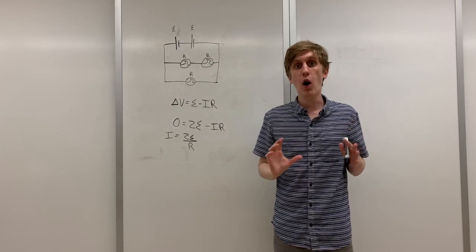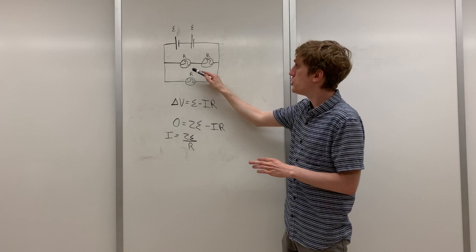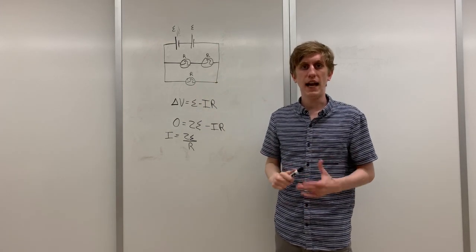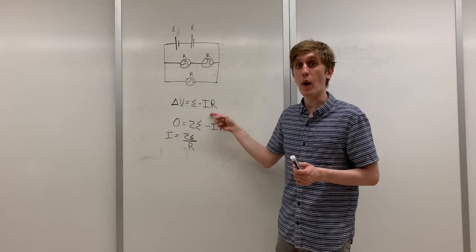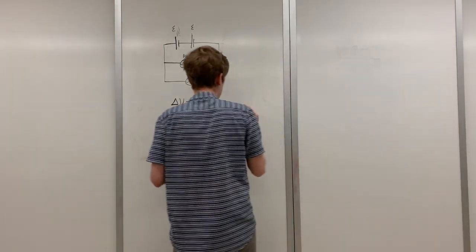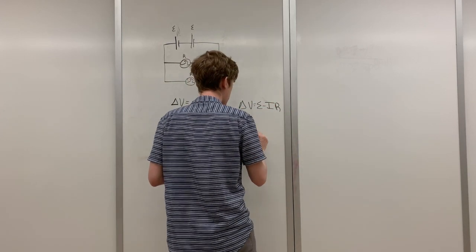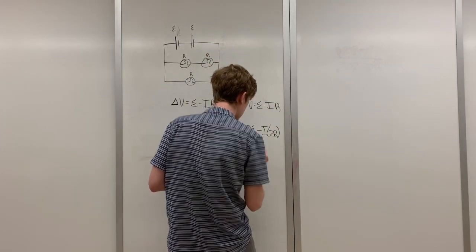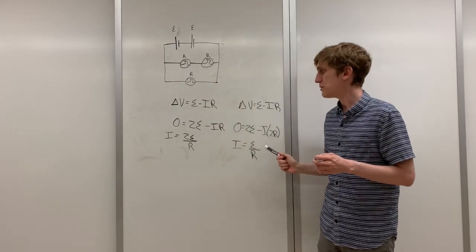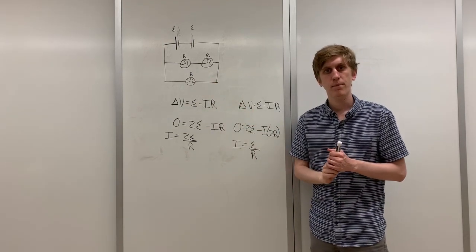If you said 2R, you're right. These two light bulbs are in series, so their resistances just add. Writing this equation out for the small loop gives us the following. So the current flowing through these two resistors is just epsilon over R.